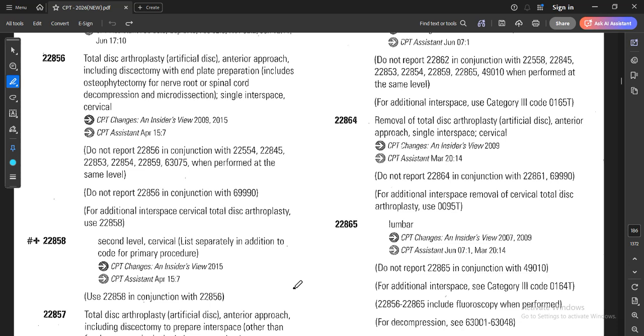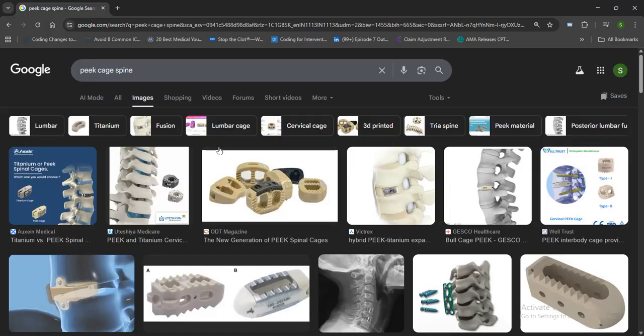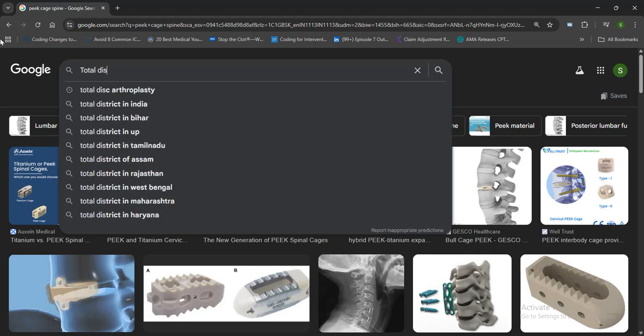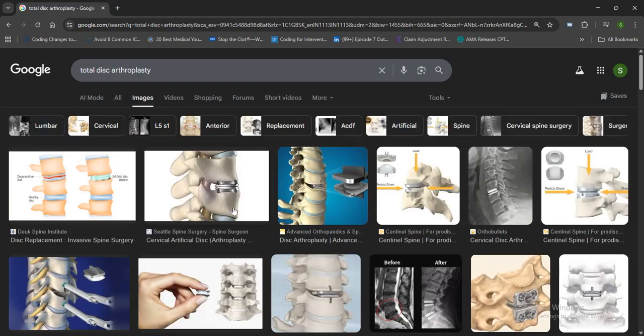Okay. But in our CPT coding, most of the time total disc arthroplasty means here the physician will remove the disc and he will place the artificial disc. So it's simple. See, this is the artificial disc basically.